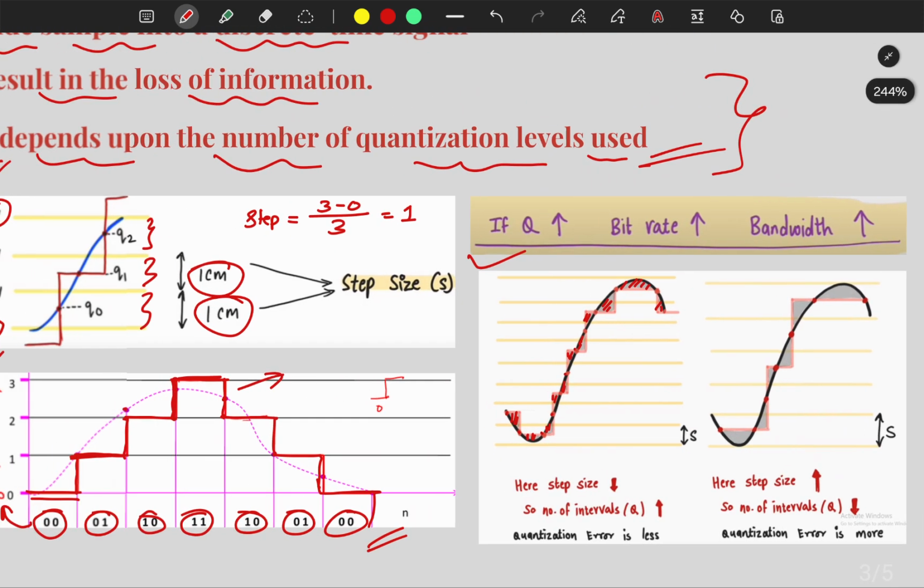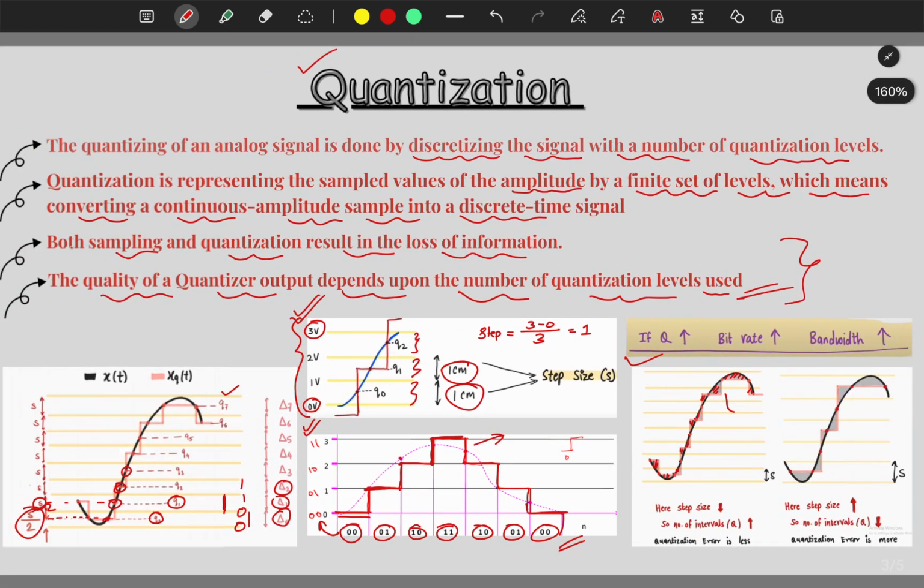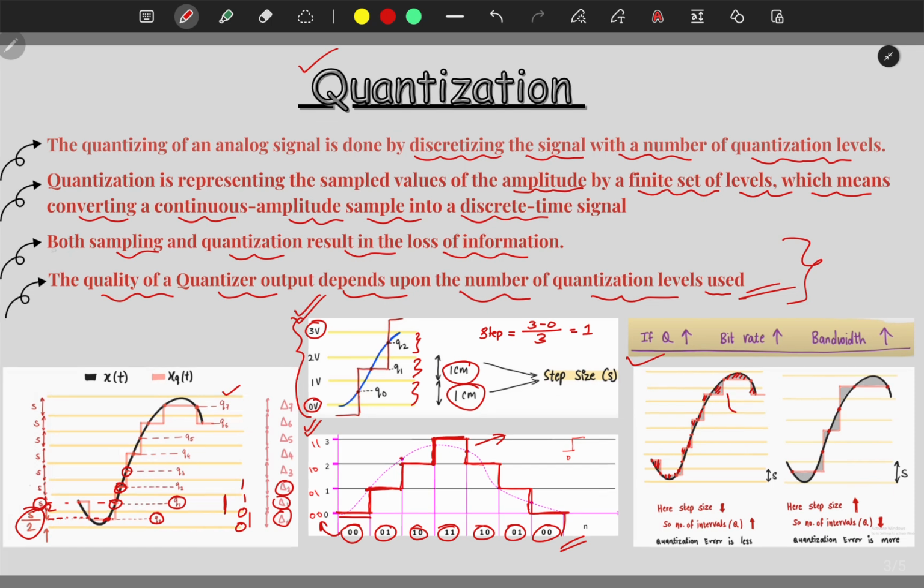This is termed the error, because these things create a little bit of difference between the original signal and the assumed signal. In a similar way, in this statement, both sampling and quantization result in the loss of information.